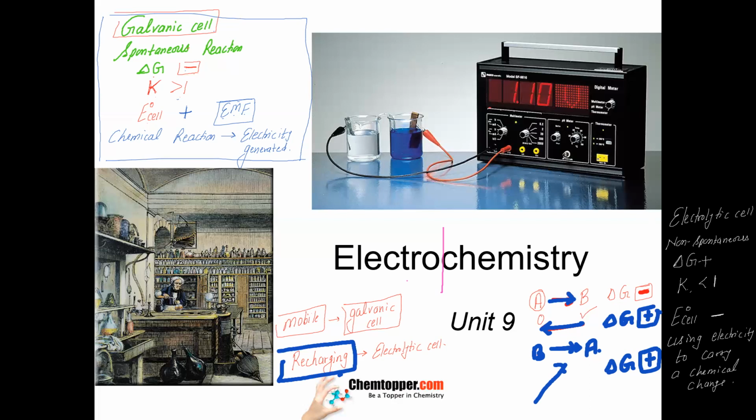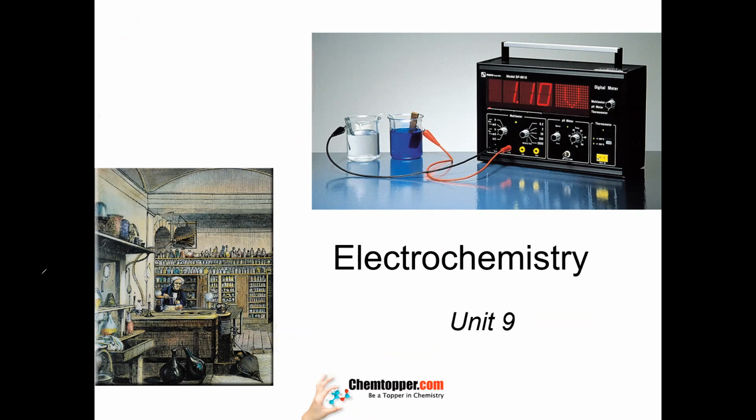Okay, so are you clear about the meaning of electrolytic cell and galvanic cell, all of you? Because there will be plenty of multiple choice questions from this part. Can you answer some questions before we move on? We'll try to understand how we can generate electricity, what type of reactions can give you electricity.